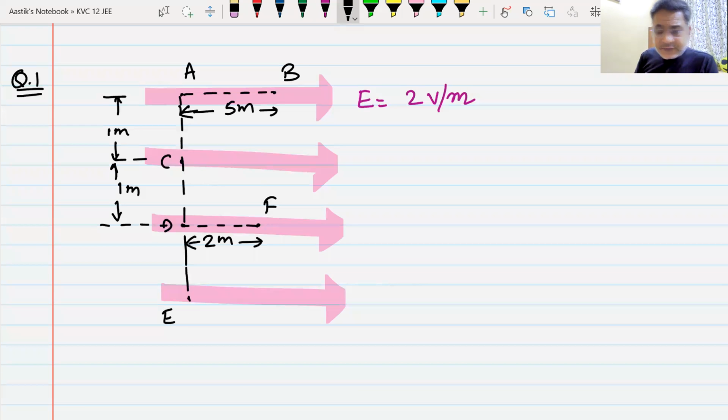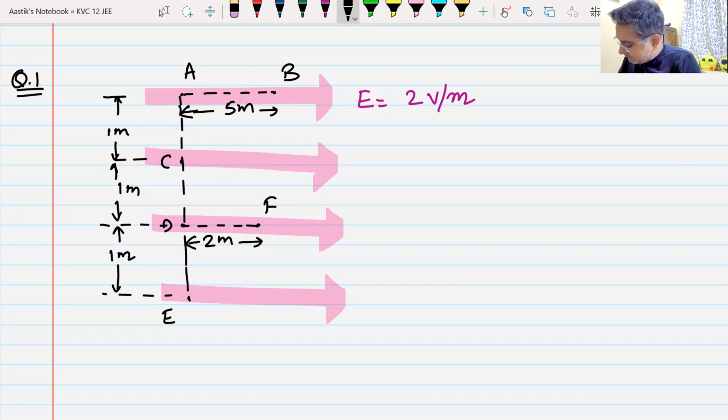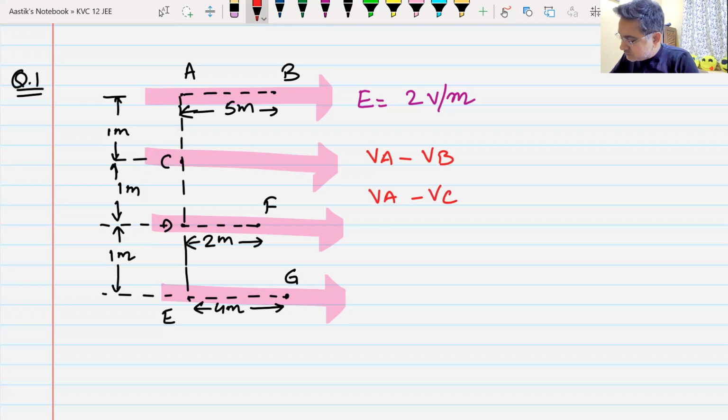Okay, so here is a question that I have written for you. You have to find the potential difference between points A and B, A and C, D, E and G. What is the potential difference between these 2 points?